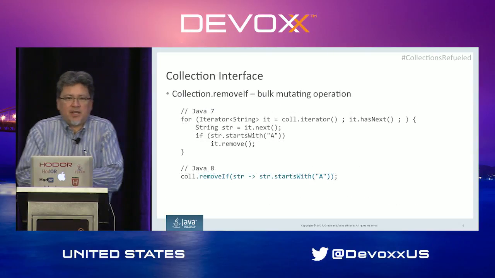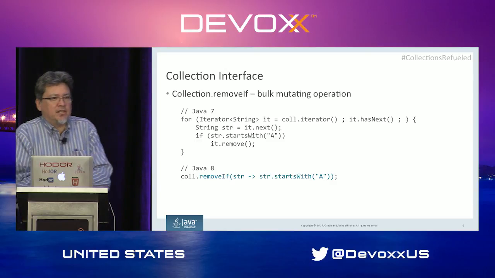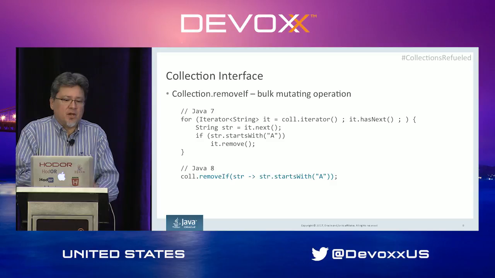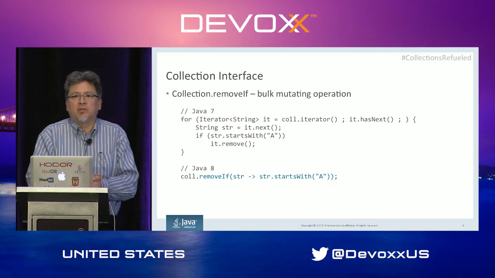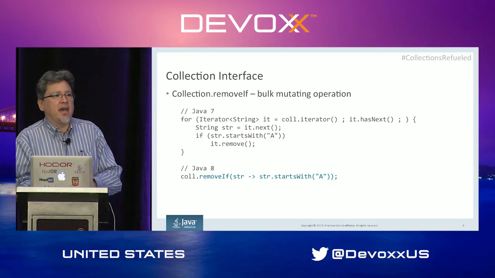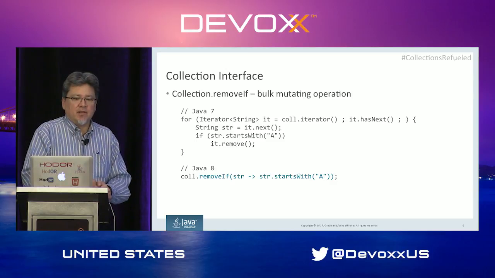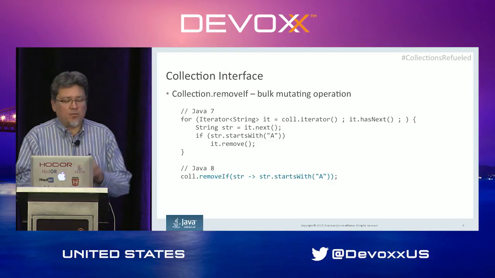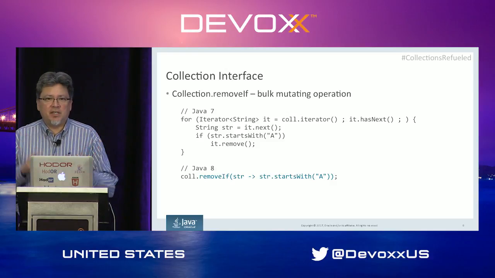All right, now things are getting a little more interesting here, because instead of just syntactic niceties, we're getting into some bulk operations. So suppose you have a case where you want to run through a list and remove elements that match some criterion. So in Java 7, you had to write the for loop the old way, by using an iterator.